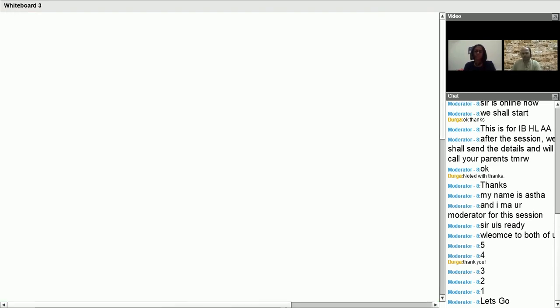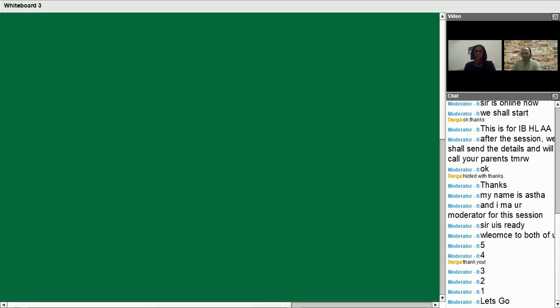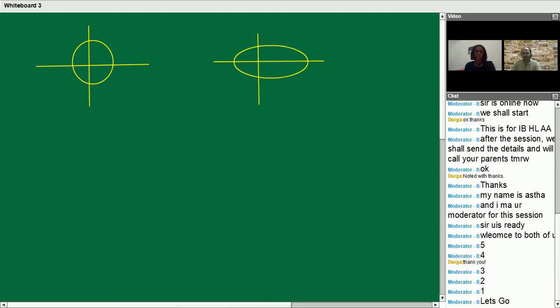How can we, from the graph, how can we tell the function? Let me draw a few graphs. First one is a circle. The next one is an ellipse. After that, we can have a vertical line.